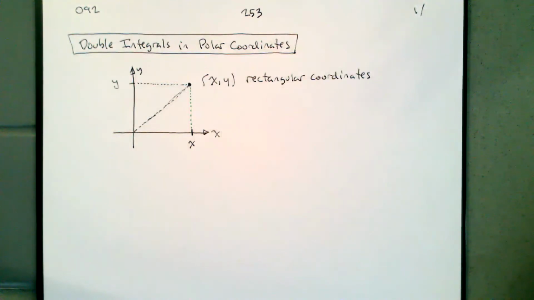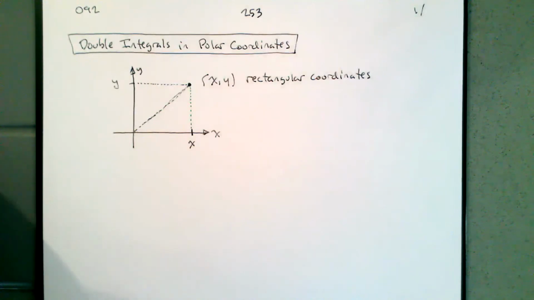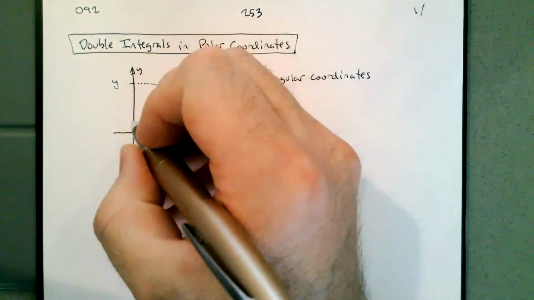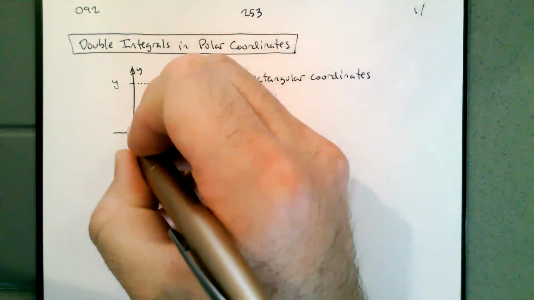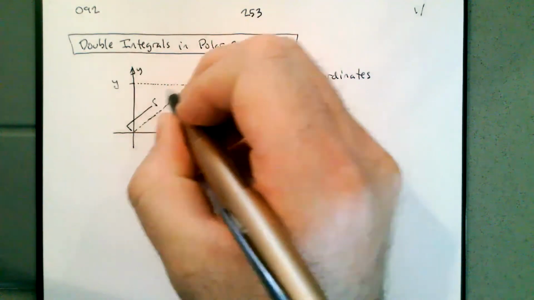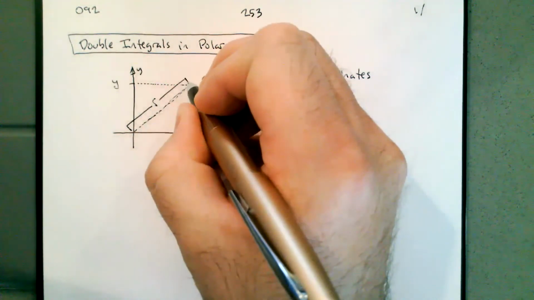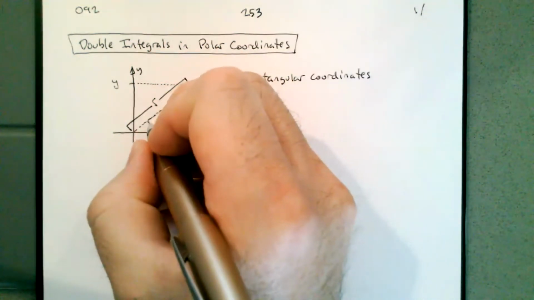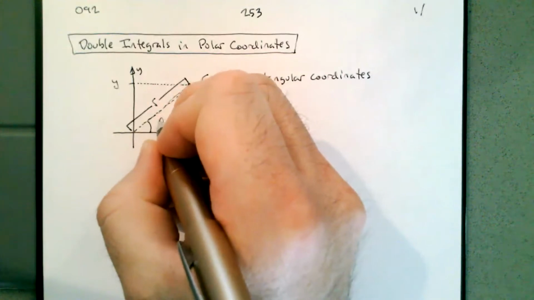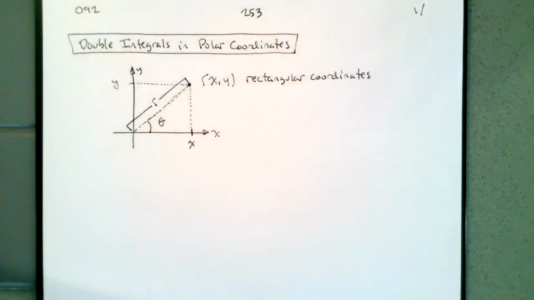We could also describe this location in R2 with one distance and an angle. So we could describe this point as being this distance from the origin, which we call r, and an angle theta measured from the positive x-axis, where counterclockwise is the positive direction.